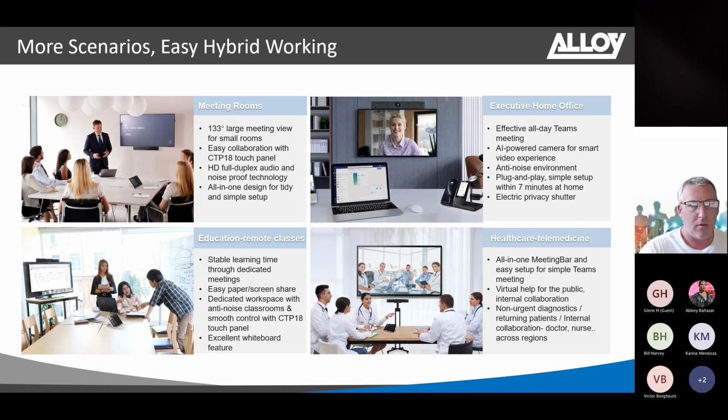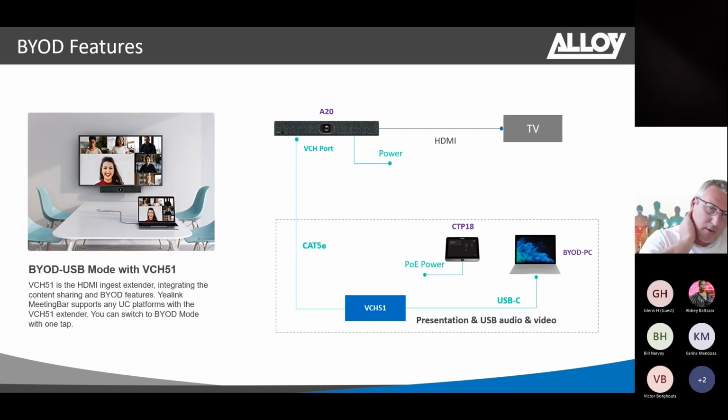All right. In addition to Teams and also Zoom-based solutions for this kit, we can also enable BYOD mode on these devices. So by enabling BYOD mode, what this is allowing us to do is bring a computer into our meeting room and then run whatever piece of software we want on our PC, but utilize the camera, the mic, the speaker of the A20 or the A30 in that meeting room.